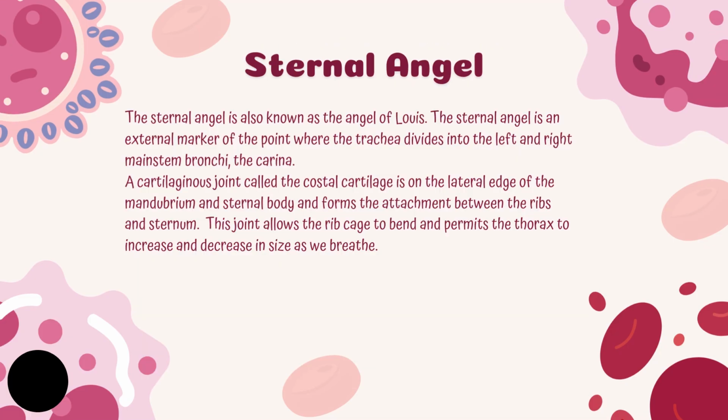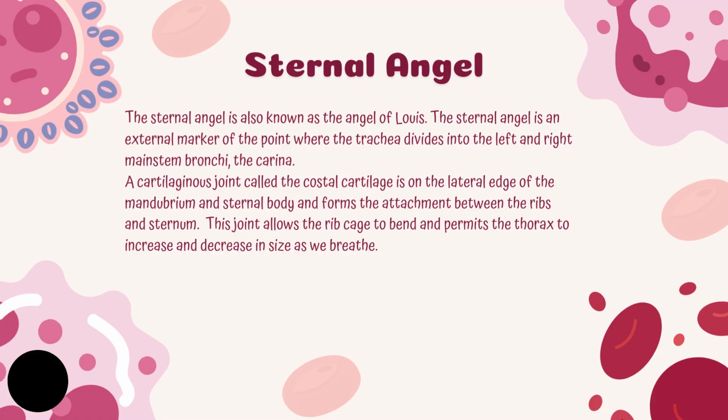Sternal angle. The sternal angle is also known as the angle of Louis. It is an external marker of the point where the trachea divides into the left and right main stem bronchi, which is known as the carina.